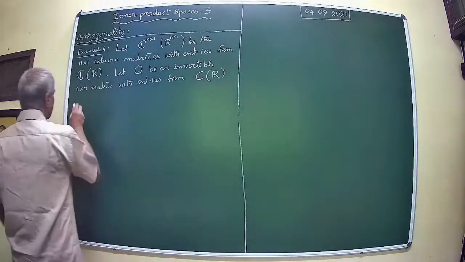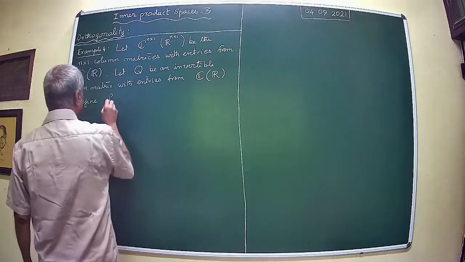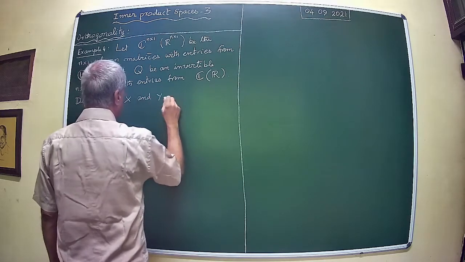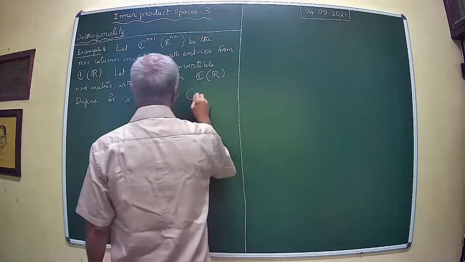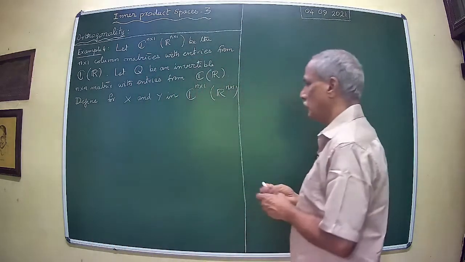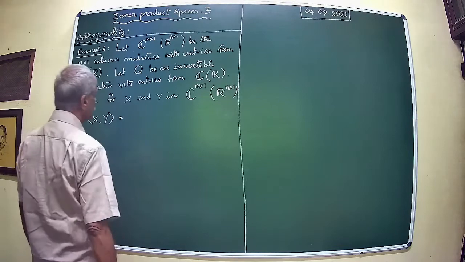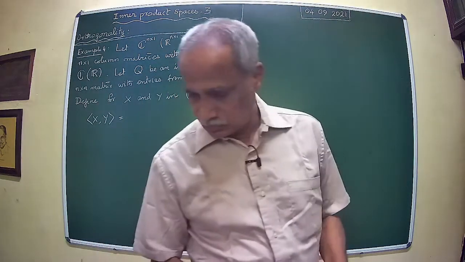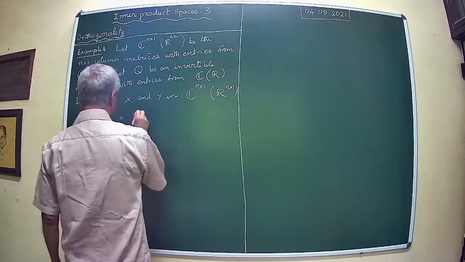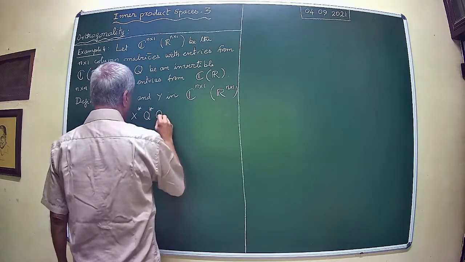Now define, for x and y, the inner product of x with y as x star Q star Q y.